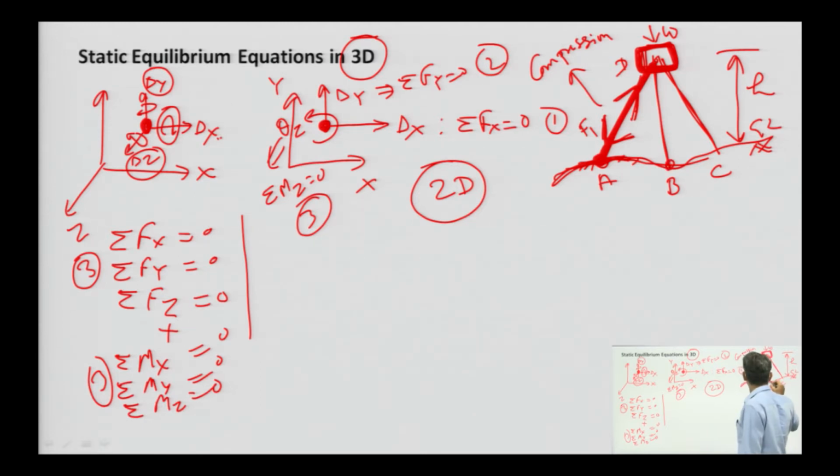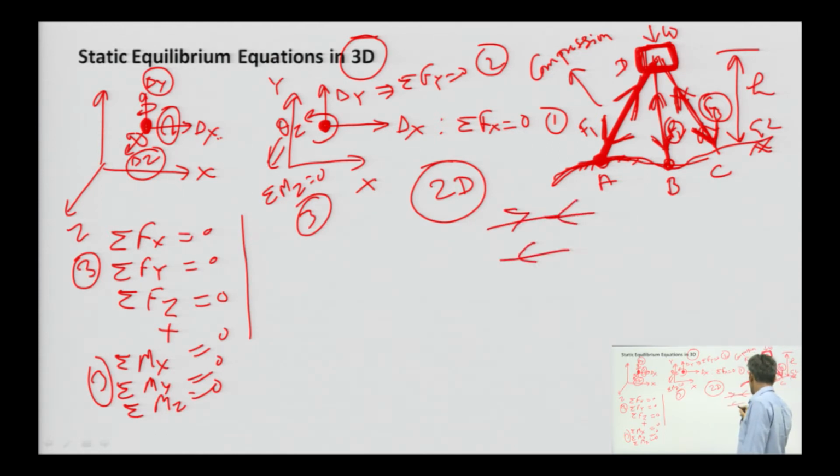Similarly, at point B, a certain pressure has to be transferred to the ground through this. Suppose this is F2, this is F3. This sign is for tension, and this sign is for compression.